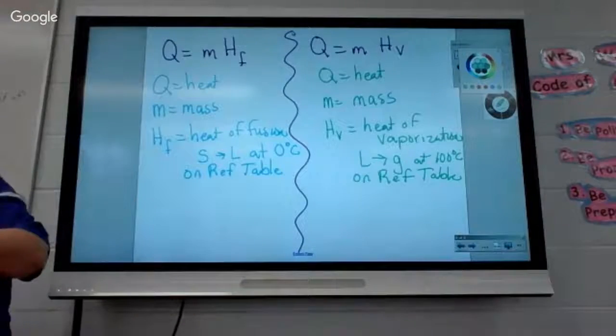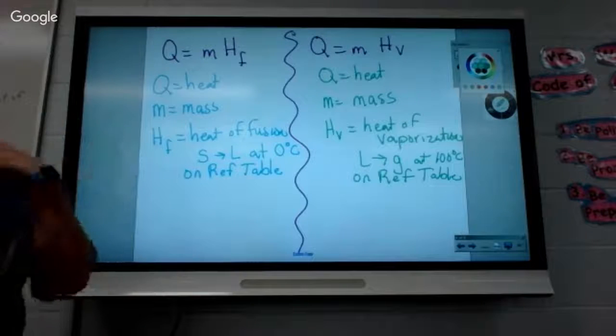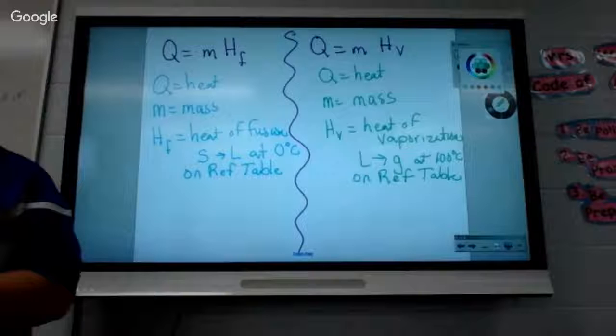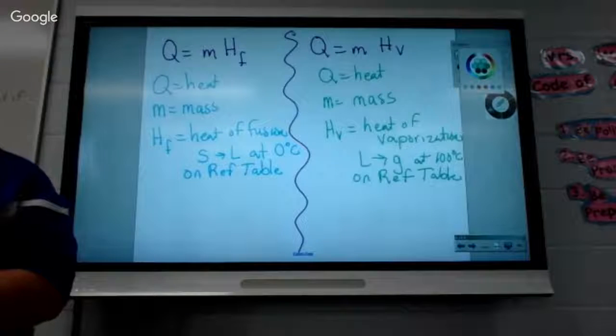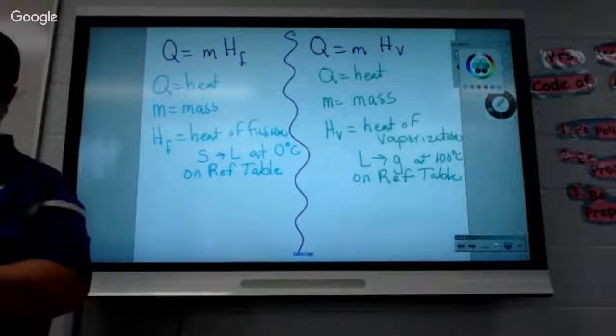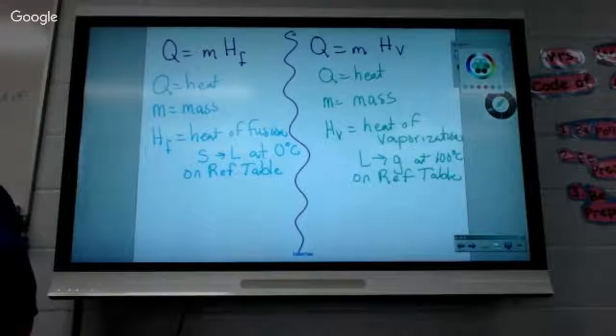The formulas are identical, except one is HF, one is HV. The numbers are on the reference table. You just have to figure out which formula to use based on what's in the question. And they're pretty straightforward. They're not hard to use for the most part.